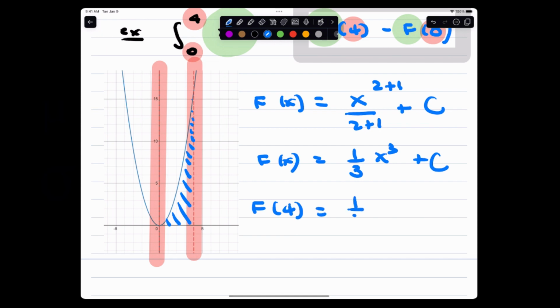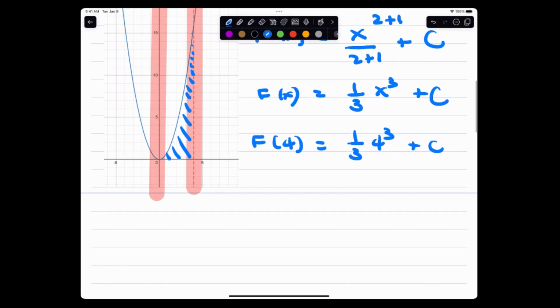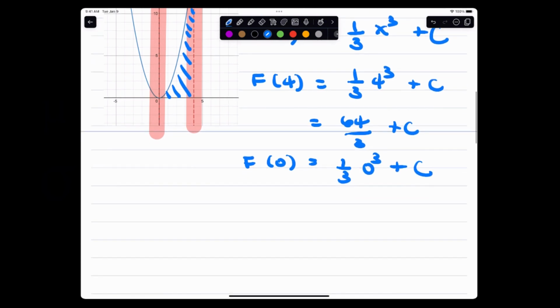It's 1/3 4 cubed plus c, which will really be 64/3 plus c. And then what's the antiderivative evaluated at 0? Well, that's 1/3 0 cubed plus c, which will really be c.